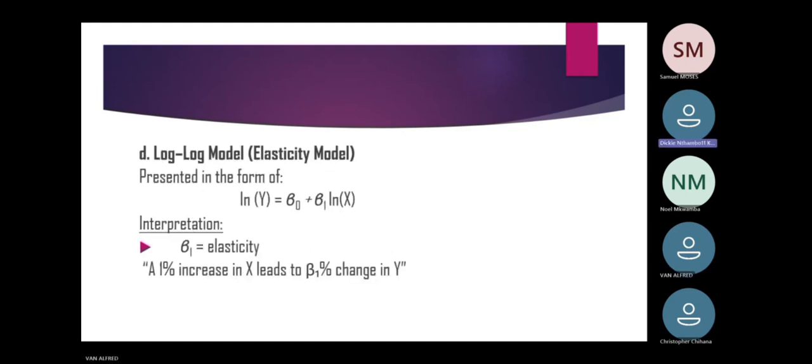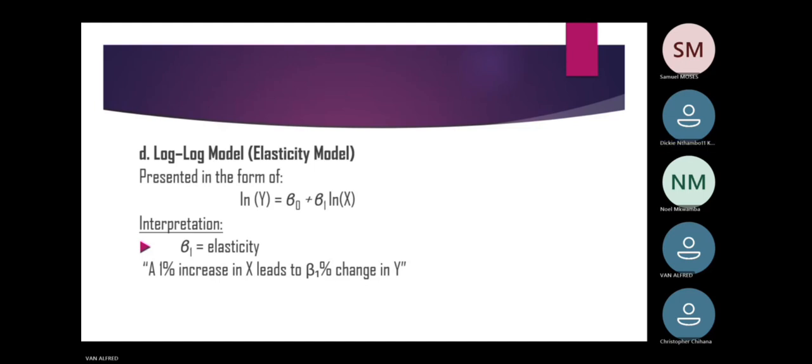Our final model is the log-log model. In other words, we call it the elasticity model, which is presented in the form of ln y equal to beta naught plus beta 1 ln x.